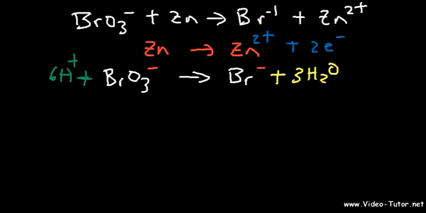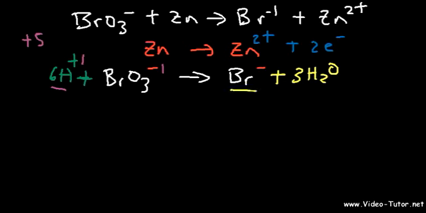Now we need to look at the charges. The total charge on the left side is 6 times 1, which is +6, and then we add the -1 on bromate. So 6 minus 1 is a total charge of +5 on the left side.